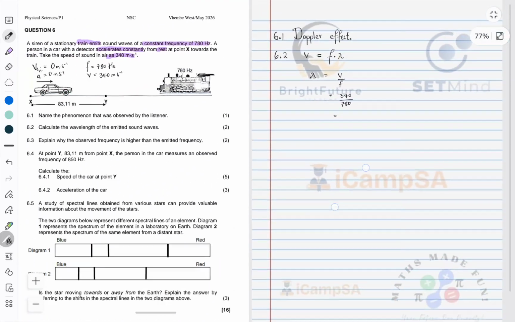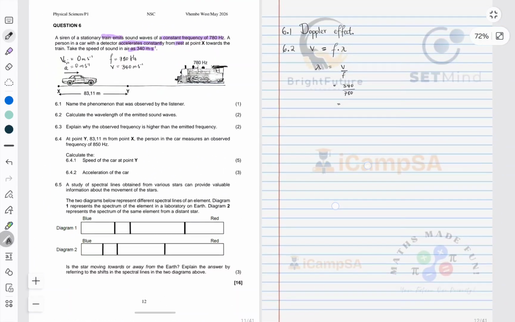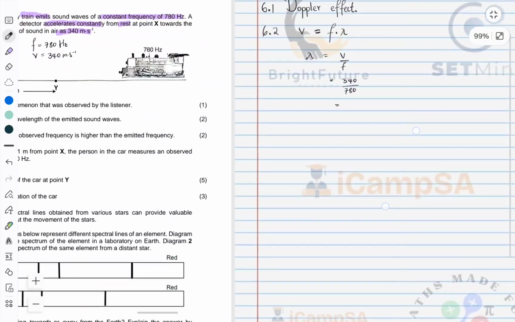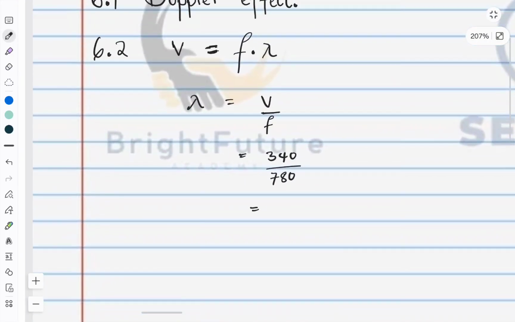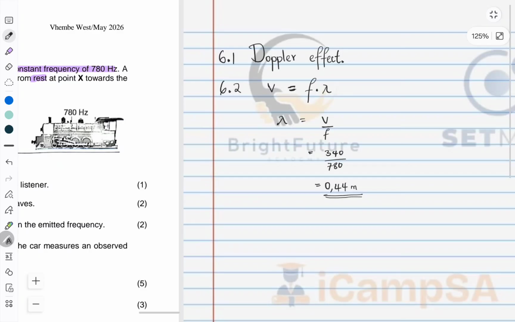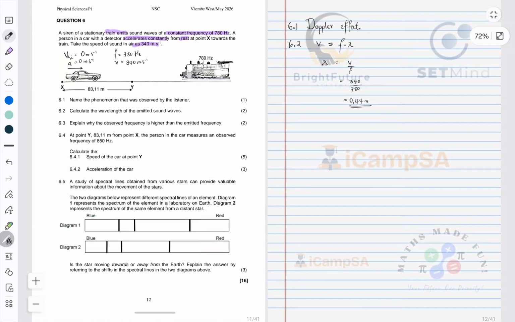What do we get there? A wavelength of 0.44 meters on my calculator. You can punch this on a calculator as well and check what you get, but I get 0.44 meters, so wavelength is in meters.